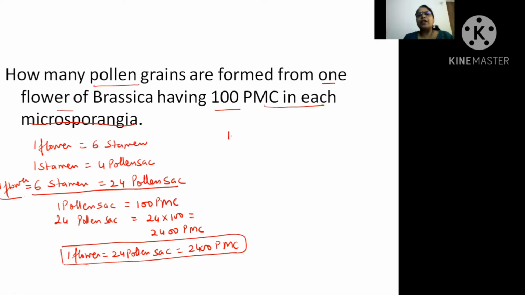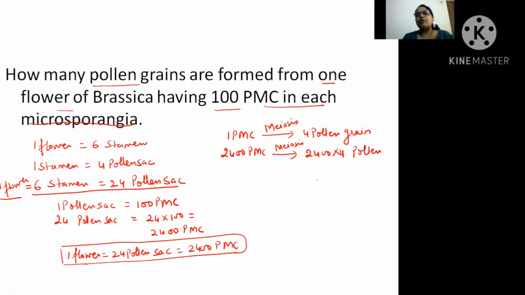Now you know very well that when one pollen mother cell is there, it undergoes meiosis to form four pollen grains. So one PMC undergoes meiosis to form four pollen grains. So it means 2400 PMC, after meiosis, will form 2400 into 4 pollen grains.